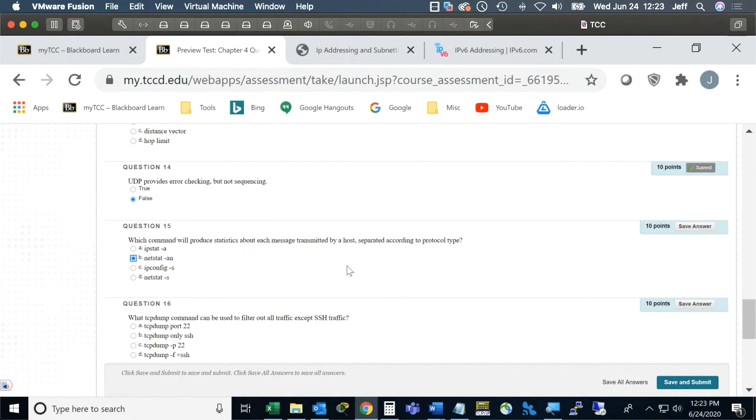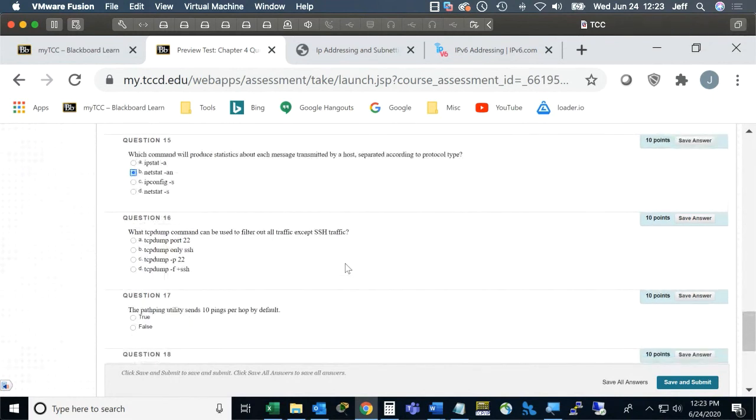I'm going to go with B. A TCP dump command can be used to filter out all traffic except SSH traffic. Yeah, I'm gonna go with C because it's port 22. So we're gonna dump the port 22, and they like switches and flags.